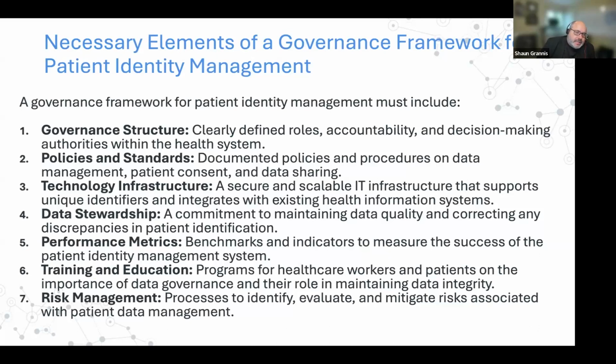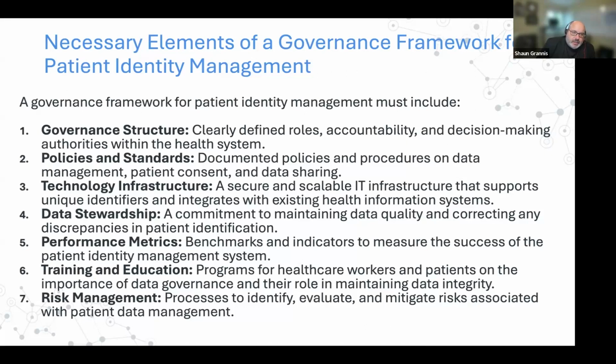Change management tends to be a process that's focused on initially with ongoing attention. Governance never ends. Governance is an ongoing process to ensure that a system continues to work well.